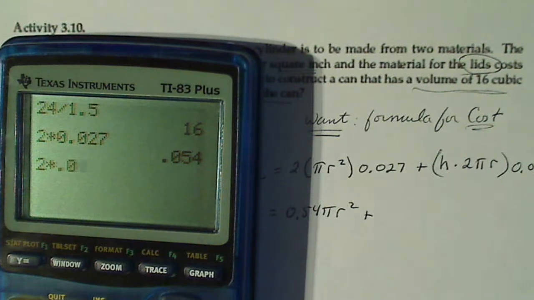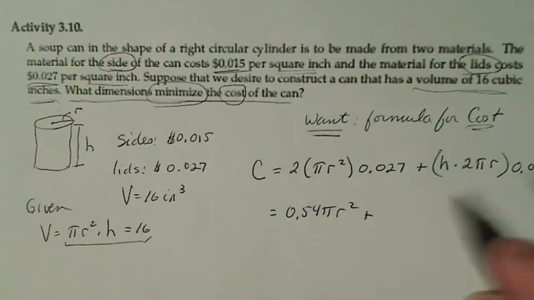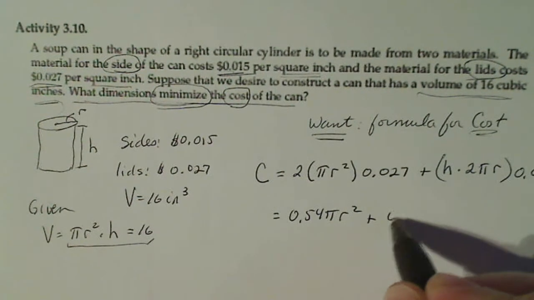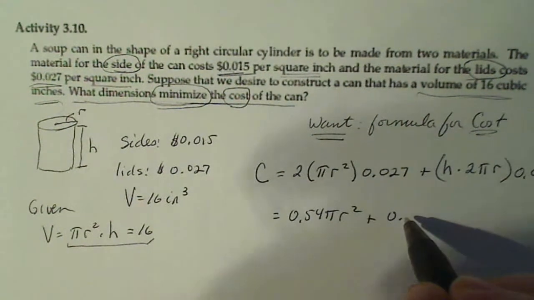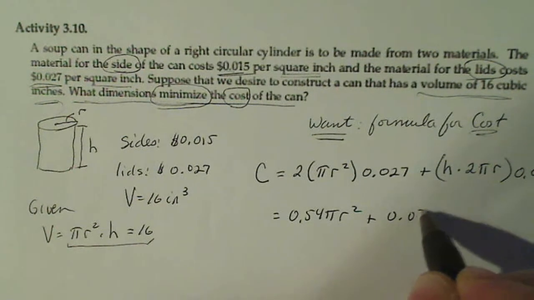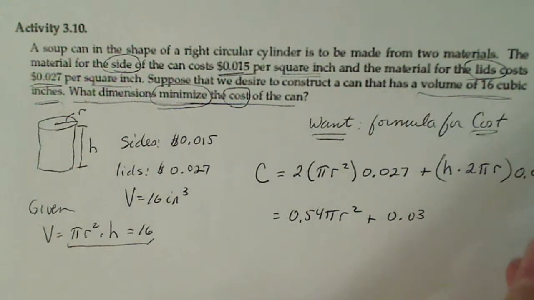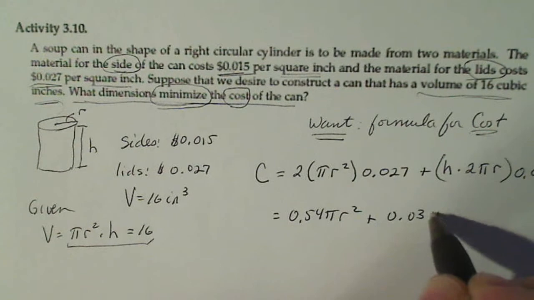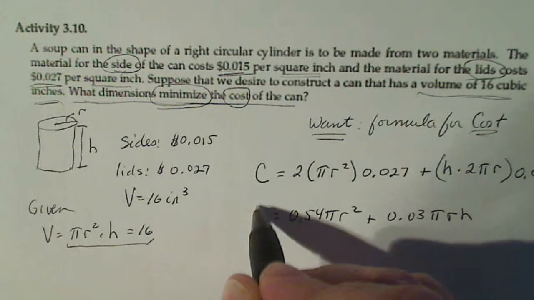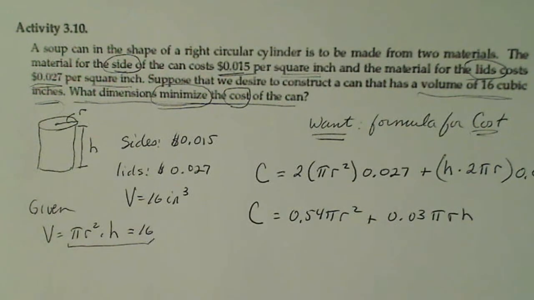That gives me 0.03 pi r h. So there's our cost function.